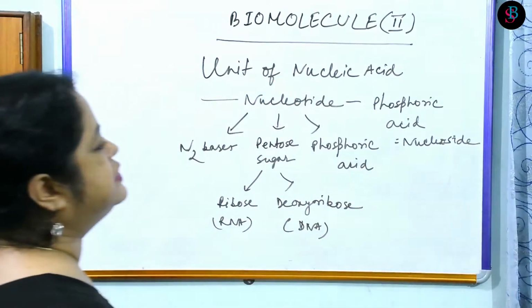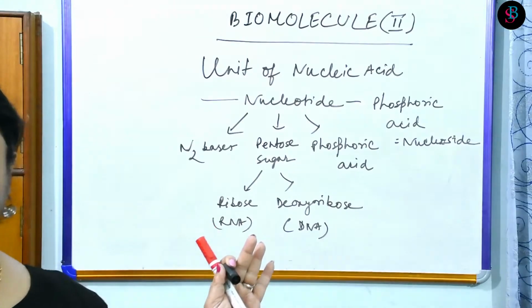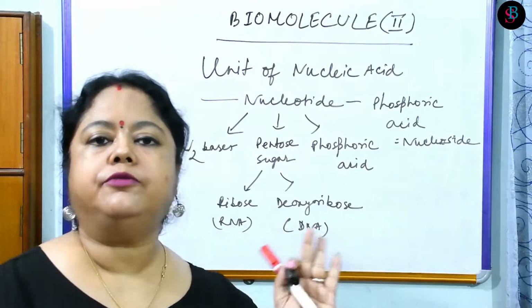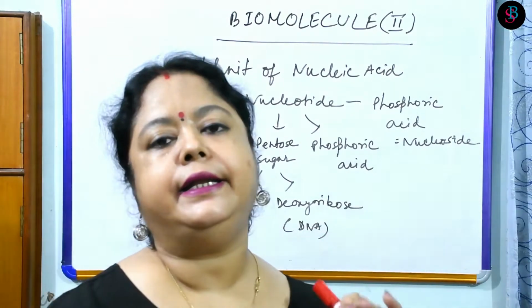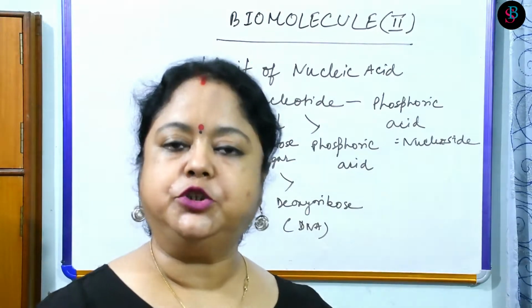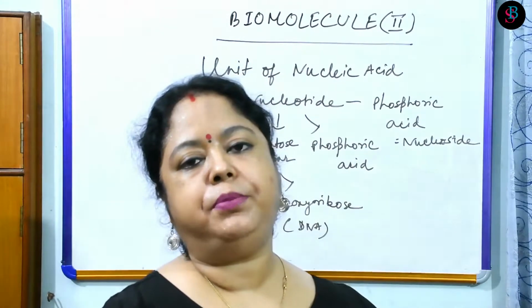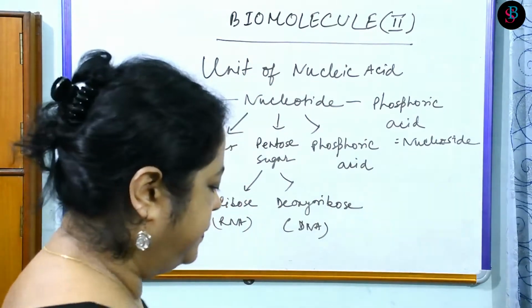So what is the difference between nucleoside and nucleotide? In nucleoside, the phosphoric acid is absent, and in nucleotide, phosphoric acid, pentose sugar and nitrogenous bases are all present. So nucleoside is an incomplete nucleotide.